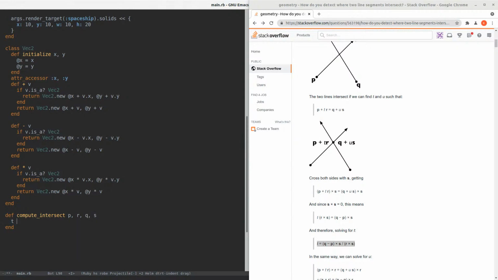Okay, so we'll first compute this. So we'll do Q minus P, and then we'll do a cross, which we haven't implemented yet. And we'll do S over R cross S.